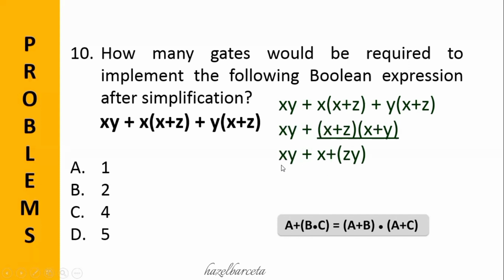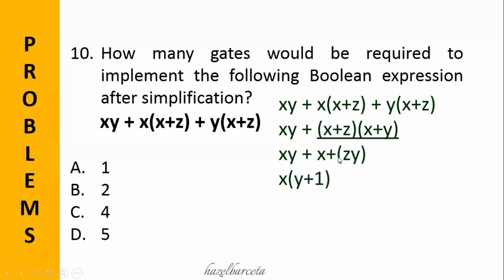And by inspection, we have the common x. Factor out x, ang maiiwan po ay y plus 1. Then, copy the remaining plus zy. Di ba po, meron po tayong law, A plus 1 is equal to, yes, 1.